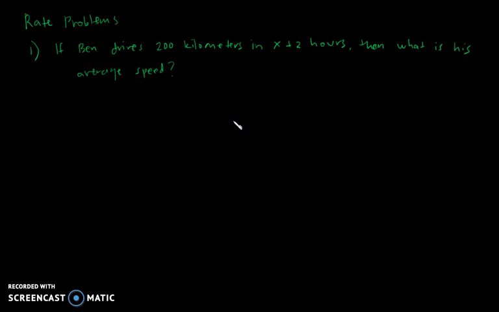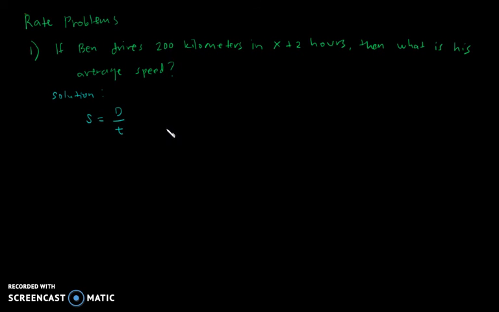The important thing here for us to be able to solve this problem is for us to determine the correct formula for speed. Again, the formula for getting the average speed, or simply speed, is the distance traveled over time.